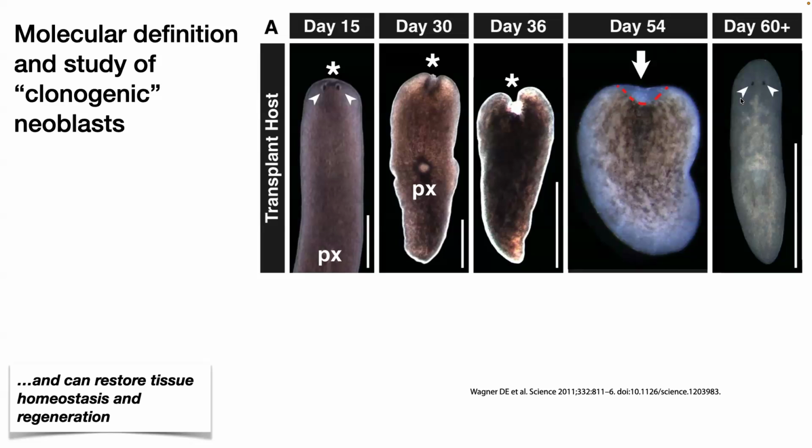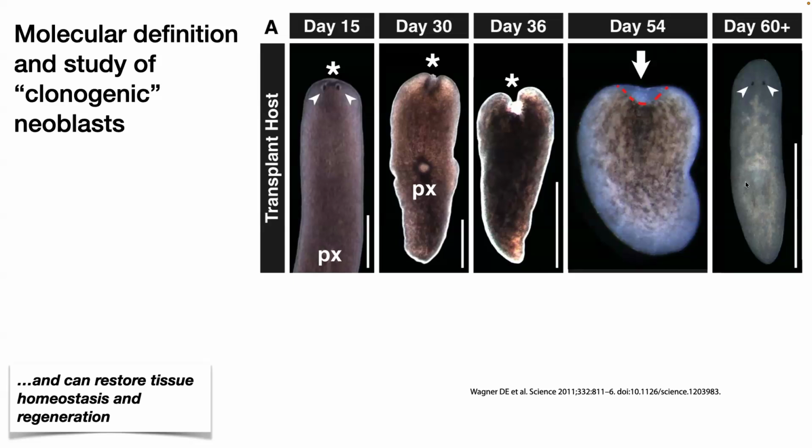So this finding was then supported by additional molecular data and established that there is a population of stem cells, the so-called clonogenic neoblasts, which are able to fully restore every single differentiated cell in an individual. Because you can raise these animals, you can prove by genetic tricks that these are derivatives of the cells that have been implanted.